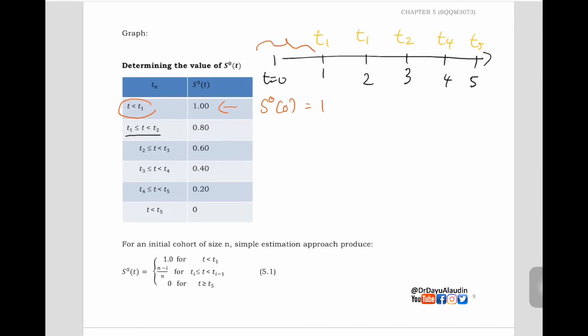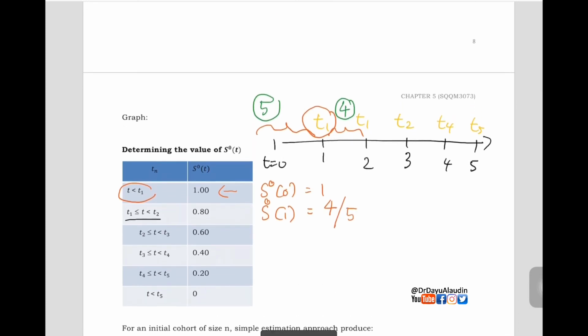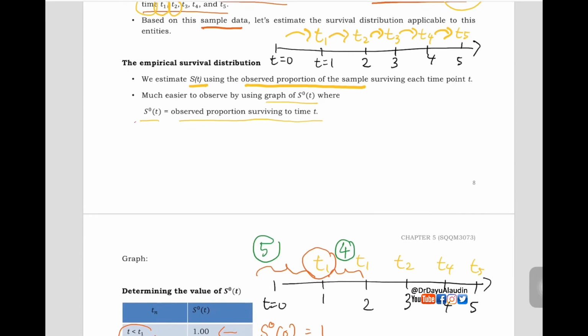And then between T1 and T2, one person already died. First we have 5 people, so after one person dies, we have 4 here. So it becomes 4 over 5, because this is a proportion. We are using proportion.